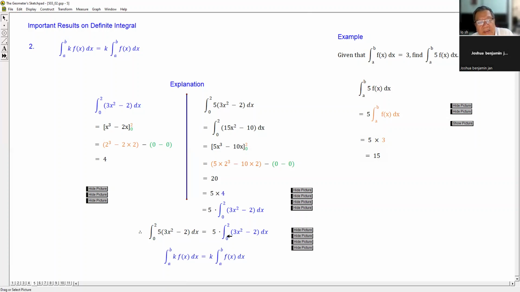This is the meaning of this formula: the integral from a to b of k f(x) dx is the same as k multiplied with the integral of f(x) dx. So you go through this, and if you have any question, you can ask me.